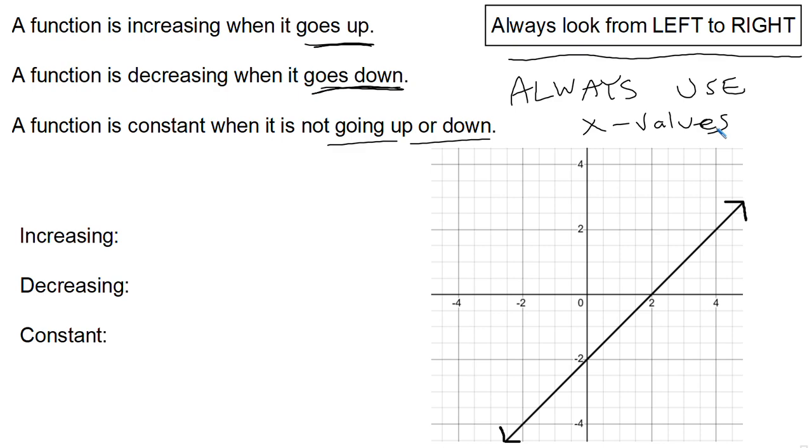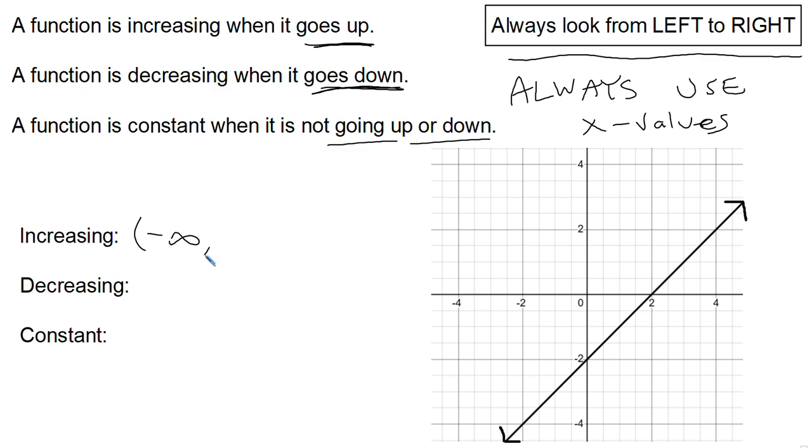So for this one, we think about when is this increasing as we look from left to right. Well, there's an arrow down here pointing that it's going down and to the left. But if we think about coming from as far to the left as we could go, then really what's happening is this thing is going up from as far left as we could possibly go. That would be negative infinity.